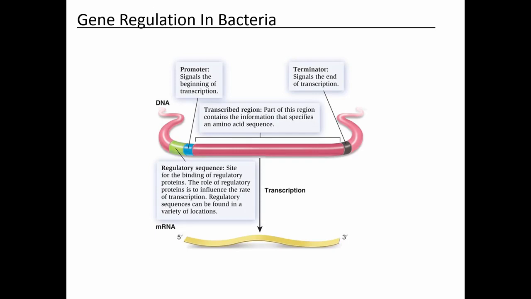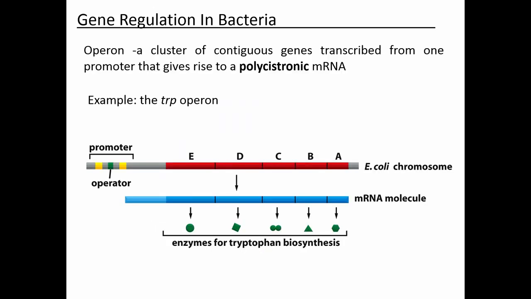But in bacteria, you can have the genes organized into an operon. In an operon, you have a promoter, and instead of only one gene after the promoter, you have multiple genes. In this example, you have genes E through A, and there would be a terminator at this end.